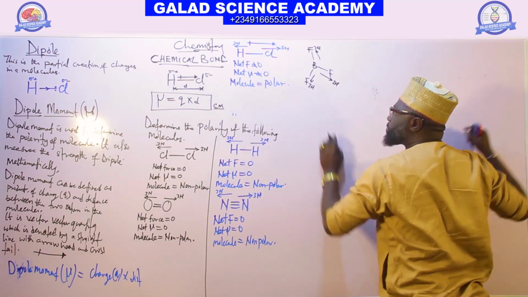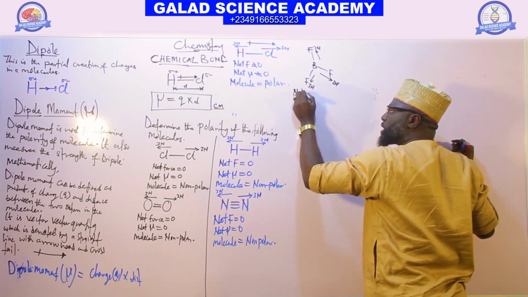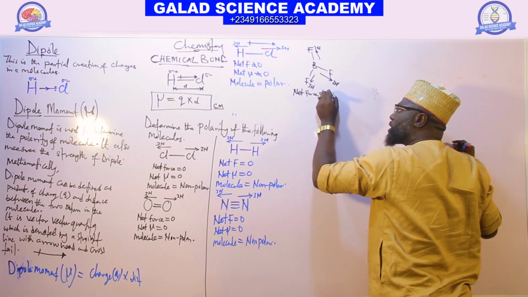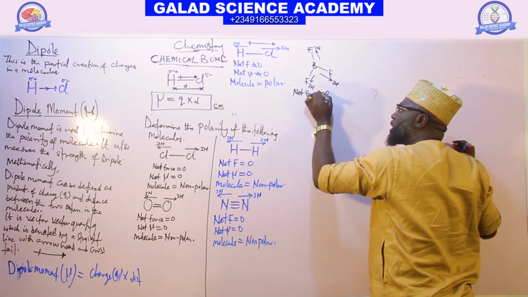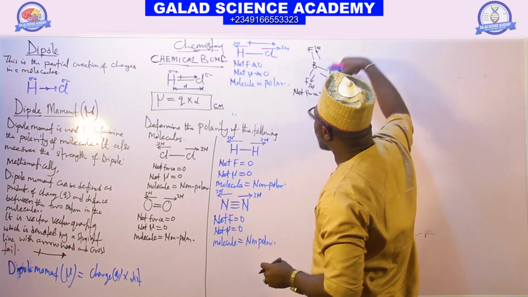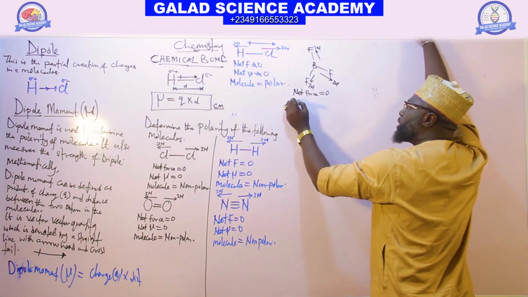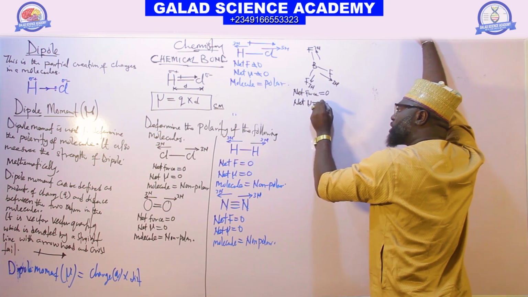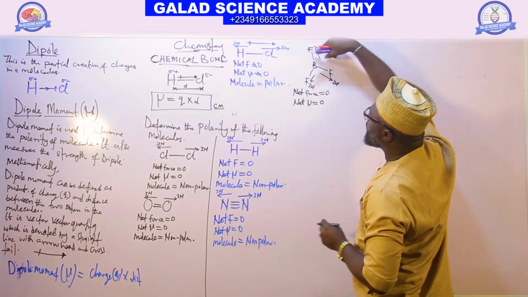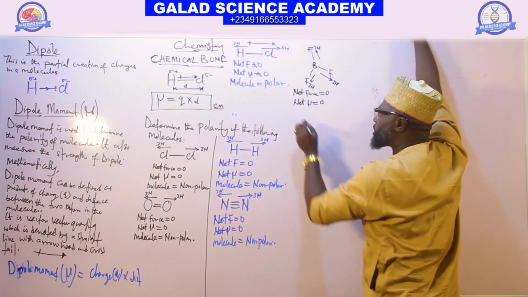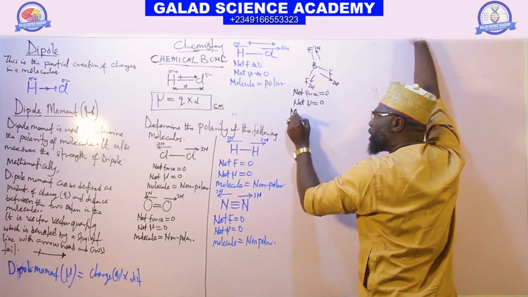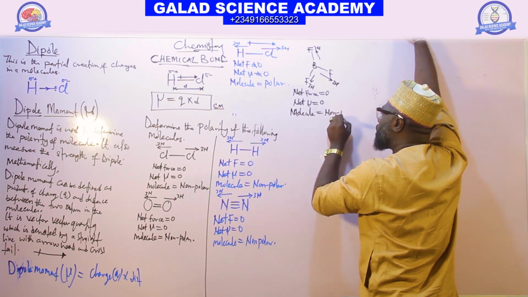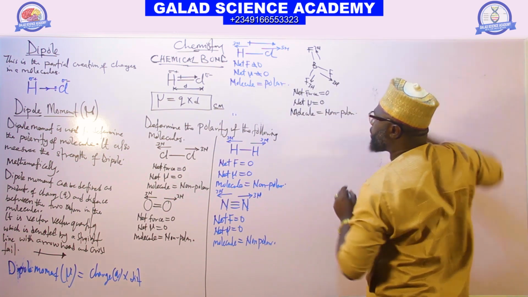Therefore, the net force is equal to 0, because the F's are all around. So the net dipole here is also equal to 0. Therefore, the BF3 molecule is non-polar.